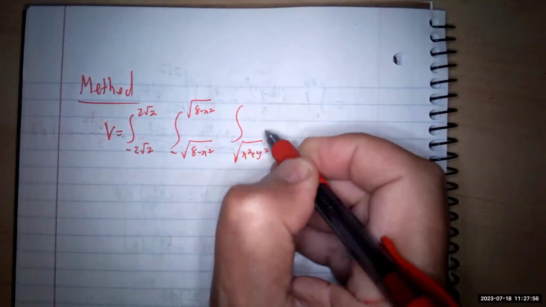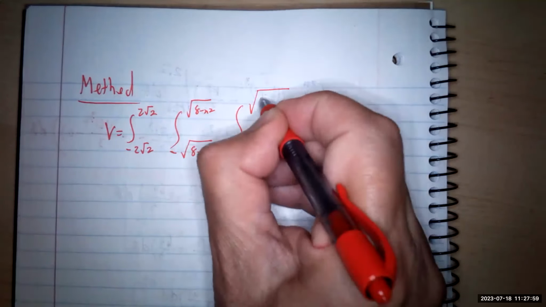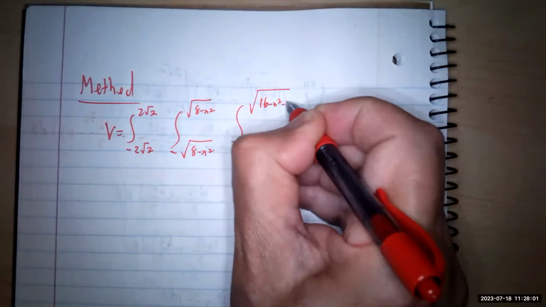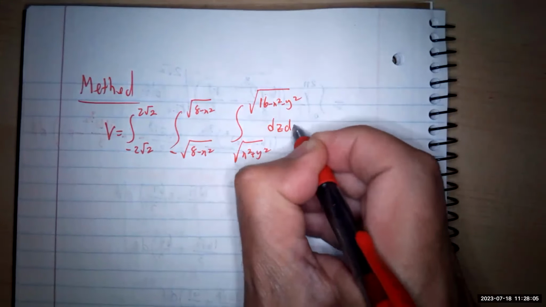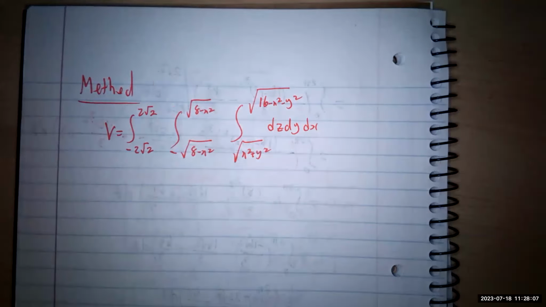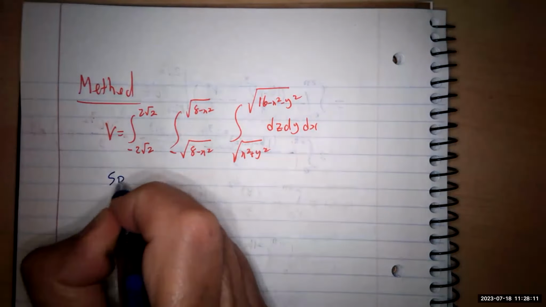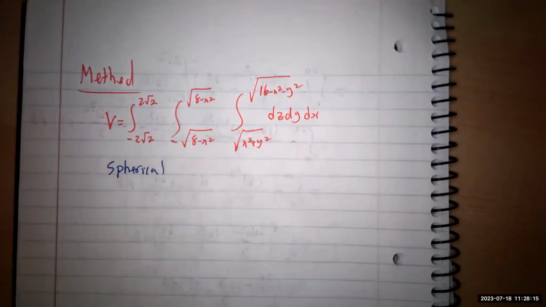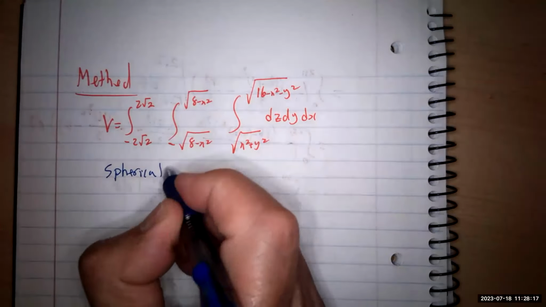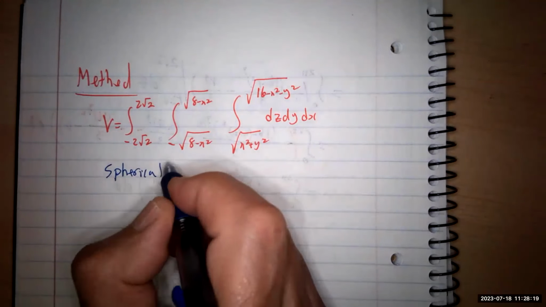So this is the one that we evaluated. And we have the dz, dy, dx. So I'm going to try a spherical one. So, you know, what is going to be the spherical coordinate method? Okay, a spherical form, if you like, or method.